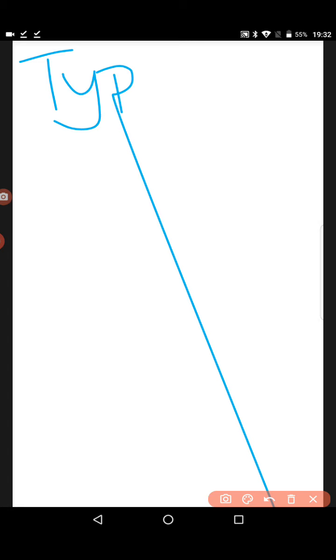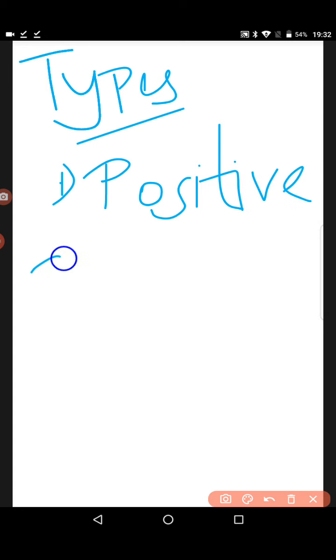Now we'll look at types of rational numbers. Okay? So there are two types of rational numbers. One is the positive rational numbers, and the other one is the negative rational numbers.